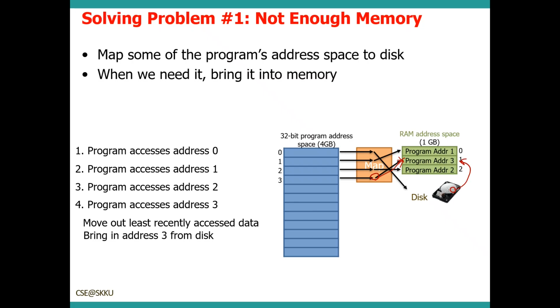Then this memory address will be mapped to disk. So the original data in physical memory 1 was saved into disk. By swapping the data in the memory to the disk, we can make free space. Then the newly accessed data can be loaded into memory.